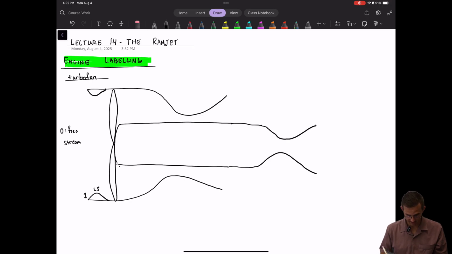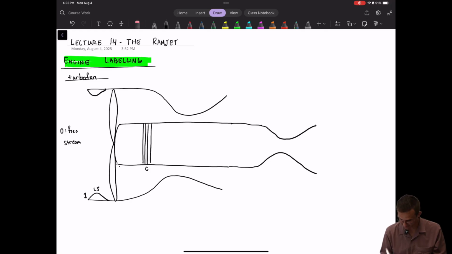And then the station that's directly upstream of the compressor stage, which I'll draw here. We draw compressors and turbines within the engine with these vertical lines, and that's what we call C for compressor.